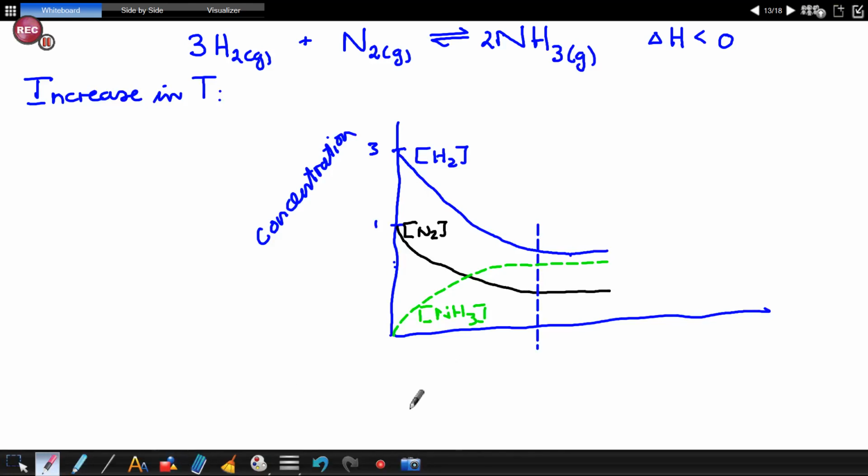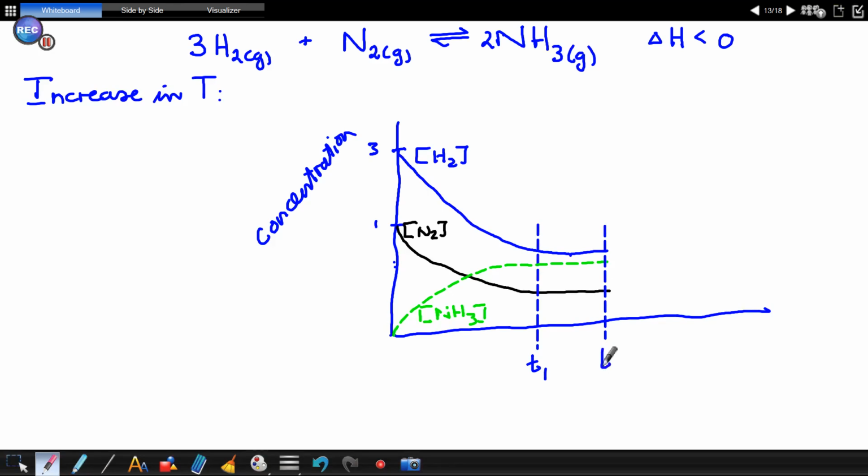Yes. So at T1, equilibrium was reached, and at T2 we change the equilibrium condition. Okay? What happens?